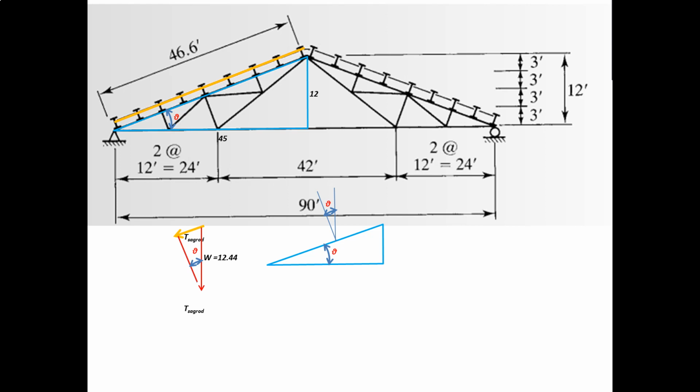By principle, T sagrod will be equal to 12.44 times sine of theta, wherein sine of theta is opposite over hypotenuse, 12 all over 46.6.